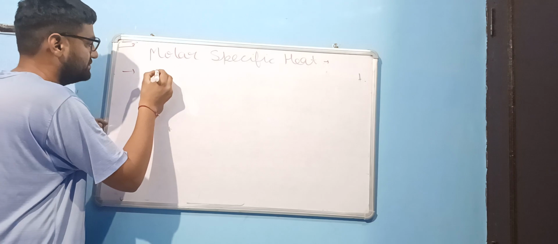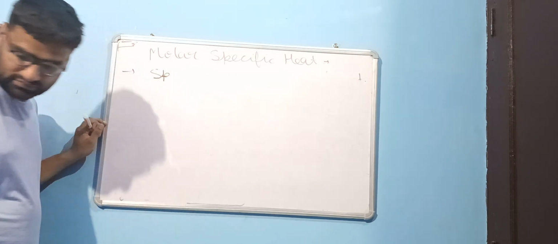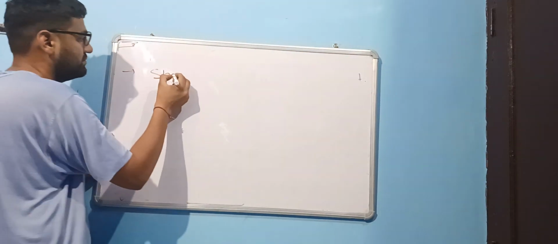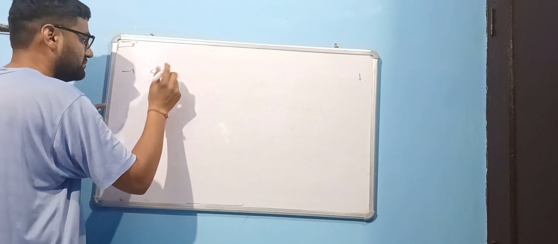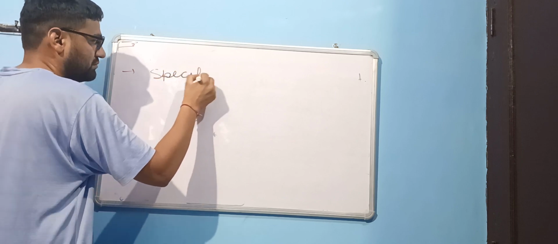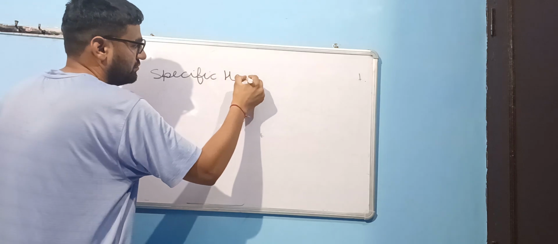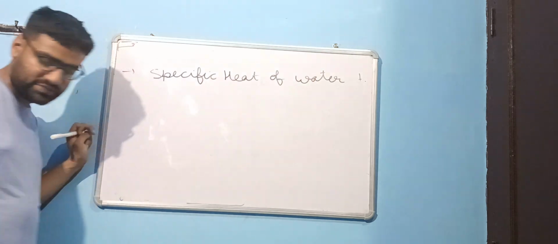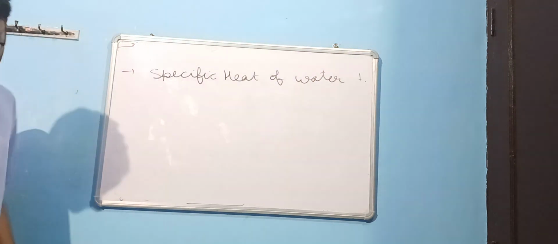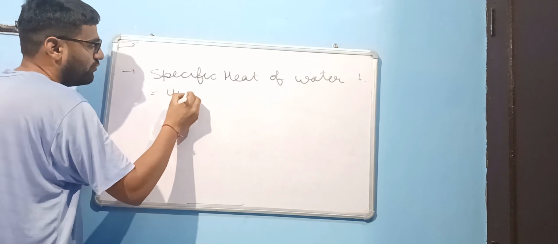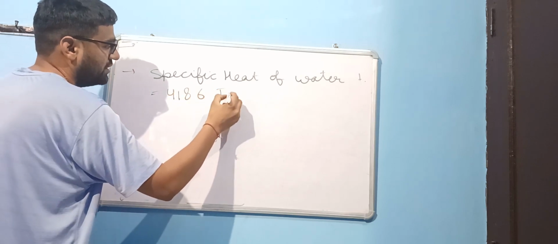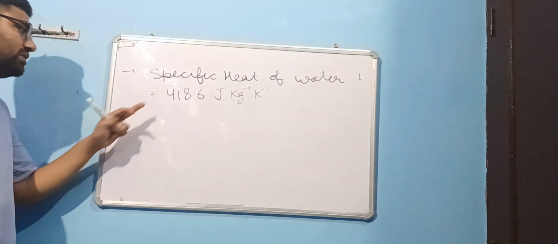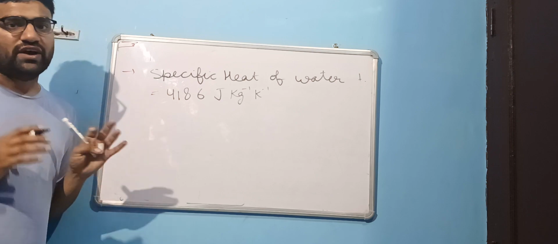Specific heat of water is equal to 4186 joule per kilogram per Kelvin. So the specific heat of water is very high.